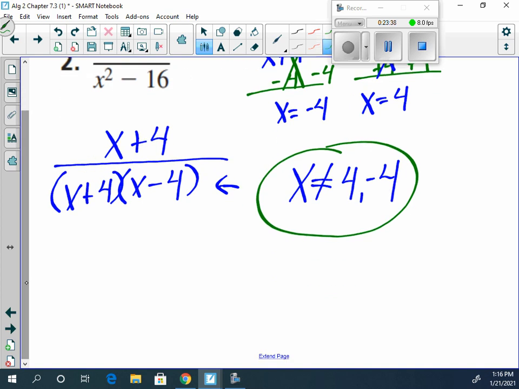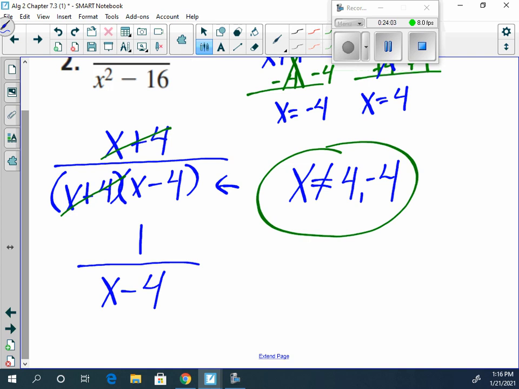So let's simplify this. What's in common on top and bottom? X plus 4. And we simplify that out. All we have left on bottom is x minus 4. And what's left on top? 1. Because anytime anything simplifies out completely, we're left with 1.